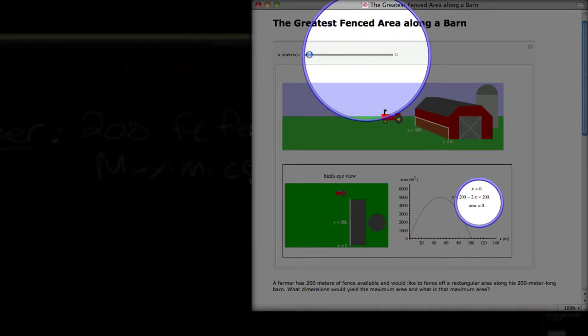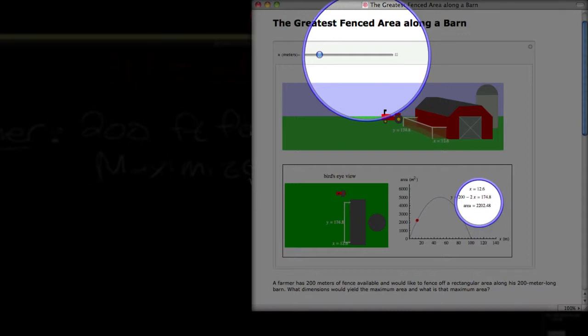So here we've got this side which is labeled X is 0, and then this side is 200. Obviously the area is 0. That's like if you just plop the fence along the side, and notice that as you increase the length here of this one, your area goes up.